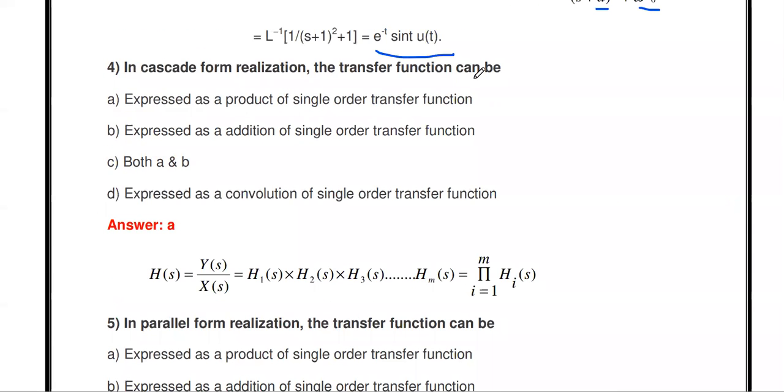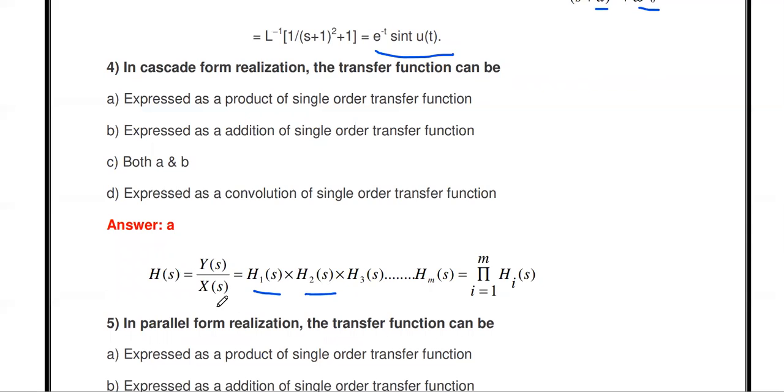Then the next one: in cascade form realization, the transfer function can be... four choices are given. So you know the 4 types of realization: direct form 1, direct form 2, cascade form and parallel form. In cascade form realization, the given higher order transfer function H of s can be split as a multiplication of H1, H2, H3 and so on, where H1, H2, H3 are single order transfer functions.